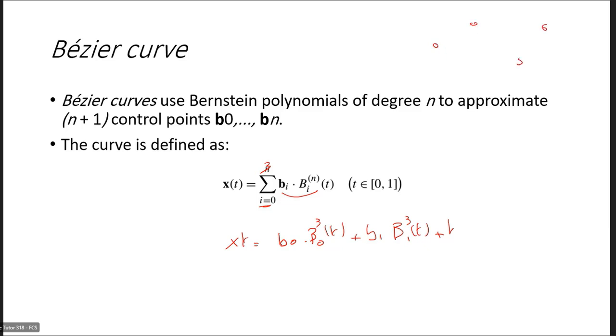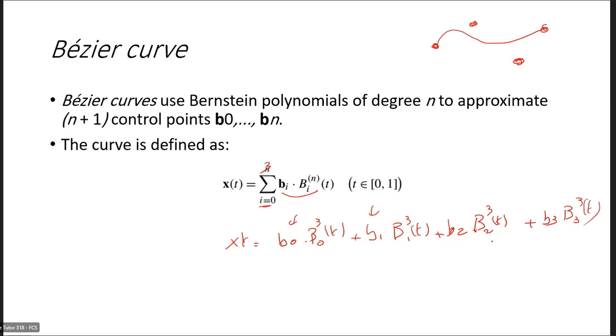Let's return to this example. We can see that we have 1 point, 1 point, 1 point, and another point. We need 4 control points, the different bi: b0, b1, b2, and b3. So we have b2 multiplied by B2,3 of t, plus b3 multiplied by B3,3 of t.